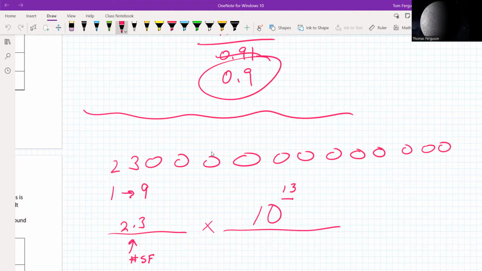Infinity, because we made it a perfect number. Perfect numbers have infinite sig figs, infinite precision. So the only thing that determines the significance of this number is this one. Because remember, when we multiply, we take the least significant number of the operands. That's how many again? Infinite. And how many is this one? 2. So our answer is 2. That's why the exponent does not affect the number of sig figs.